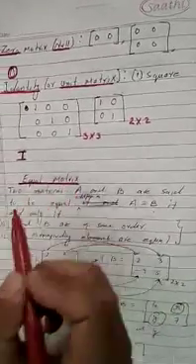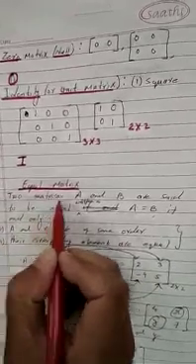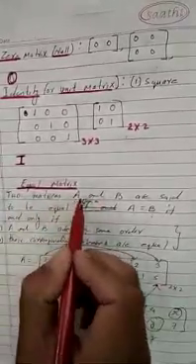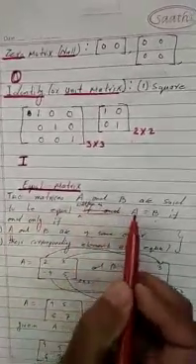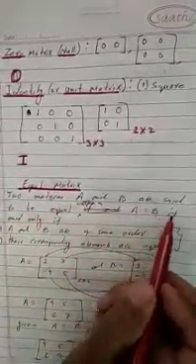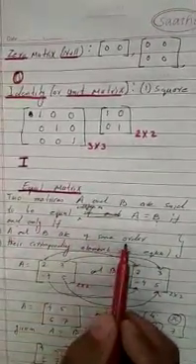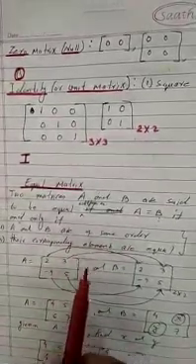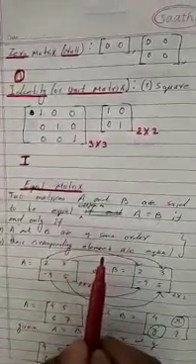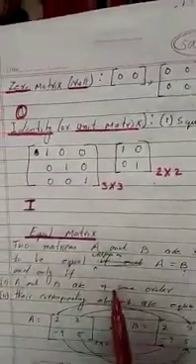Now the next topic is equal matrix. The word itself tells you what we are going to study now. Suppose there are two matrices A and B. Two matrices A and B are said to be equal, written as A equals B, if and only if A and B are of the same order. If two matrices are given to you and you want to check whether they are equal or not, the first criterion is that they have to be of the same order.